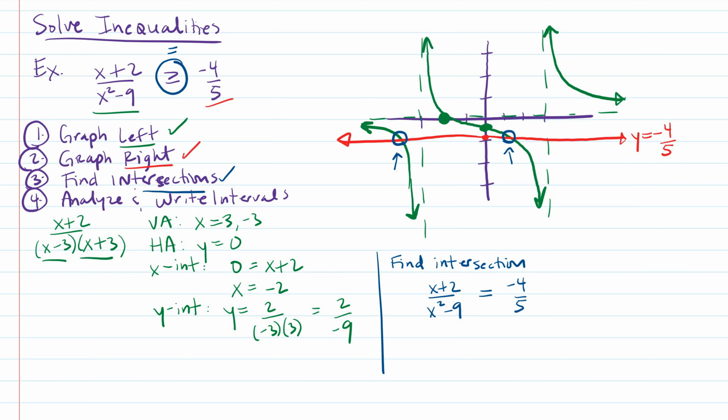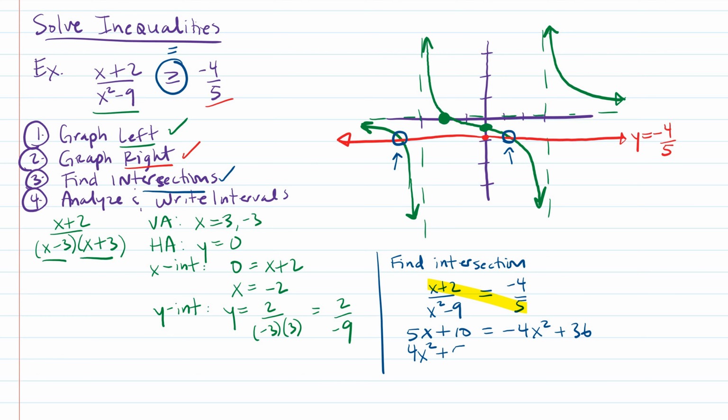Cross multiply, and we get 5x plus 10 equals negative 4x squared plus 36. Combine like terms, get everything over to one side. So I'm going to add 4x squared over here.